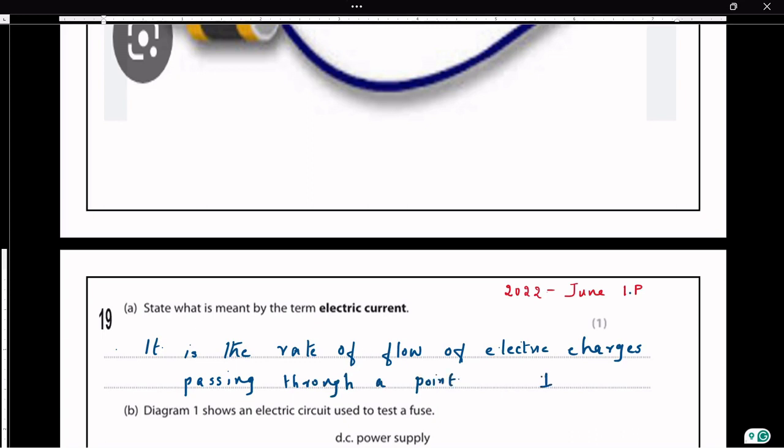We can include it as I equals dq over dt.